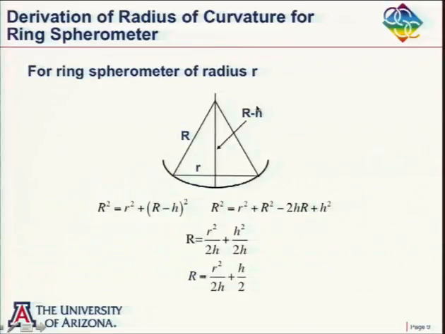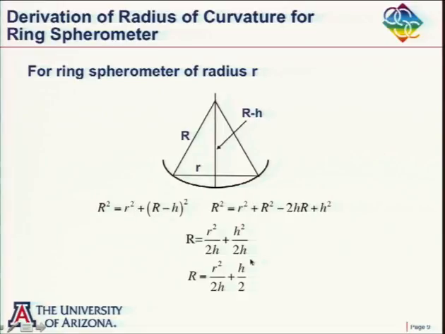And I might as well just go through a very short derivation of that. So we just have this ring we're sitting down on the surface, and R is the radius here. And this is capital R, the radius of what we're measuring. And then this is, of course, R minus H, the sag here. And so just capital R squared is little r squared plus R minus H, quantity squared.